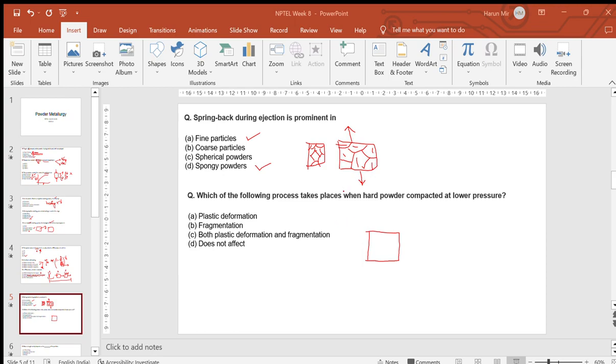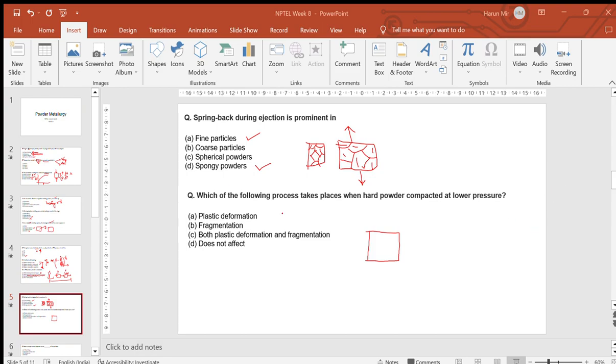Similarly, the strength of your powder will affect your compaction process. So also the hardness of the material will affect your compaction process. It will affect how your compact will behave.